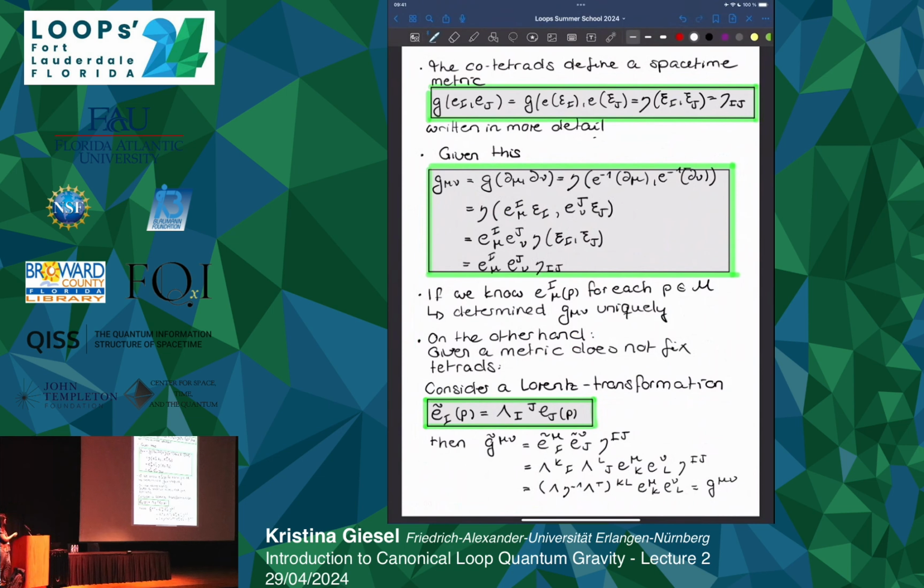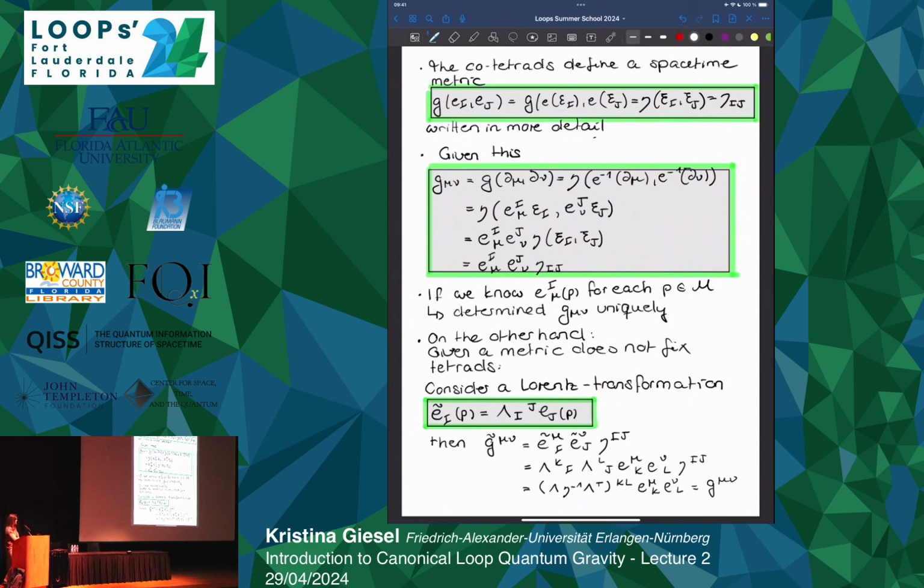And for this, we consider a Lorentz transformation, which transforms our tetrad here by a Lorentz transformation lambda ij. And now we compute the inverse metric, which is related to the tetrads and not the cotetrads, and express it in terms of this Lorentz transformed tetrad.